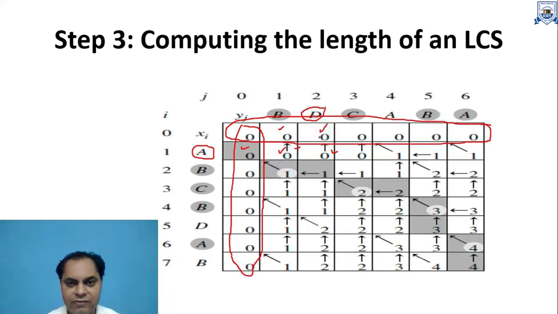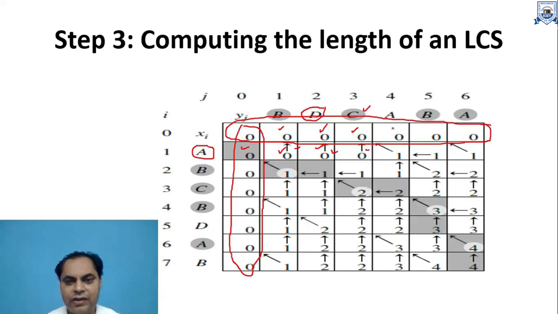If both are equal, then we will use the upper one and the appropriate arrow. Again compare this C with this A. Again this is not equal, so we use these two values and do a comparison. If both are equal, then we will use the upper one and the appropriate arrow.